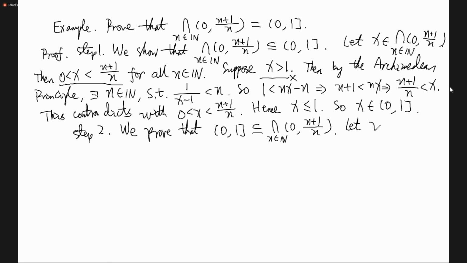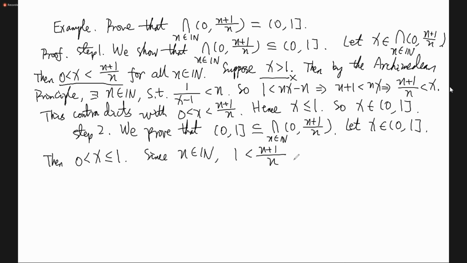So we'll let x be in (0, 1]. Then we have x is greater than 0, less than or equal to 1. Okay, but since n is a natural number, then we know that 1 is always less than (n+1)/n.